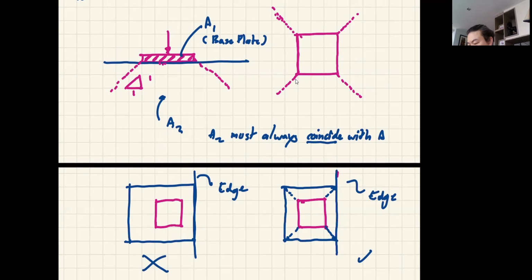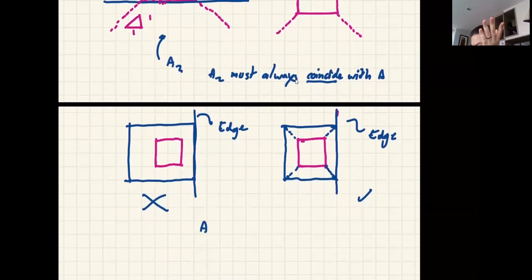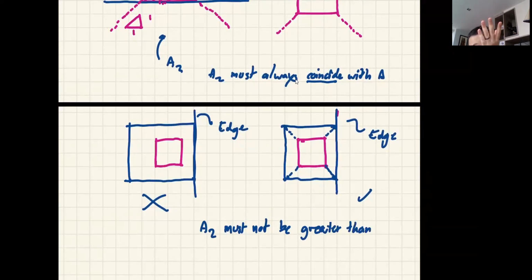Okay, but you can see that this is the design model that they use. But somehow, let's say you sit your column or your beam on a very large concrete structure. We cannot allow A2 to go on forever. So there must be a limitation to it, and they put the limit where A2 must not be greater than 4A1.